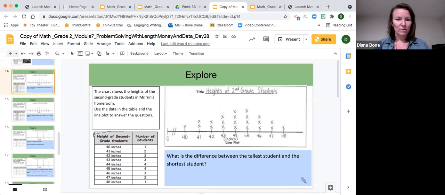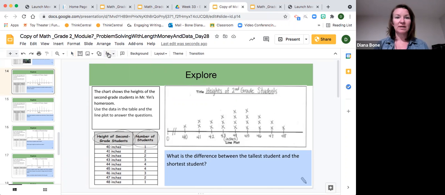You said, Miss Bone, make sure to know what two pieces of information? These are the two pieces of information being displayed on your line plot: the height of the students and how many students.